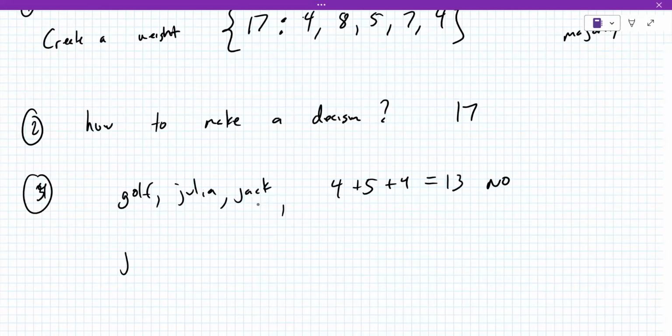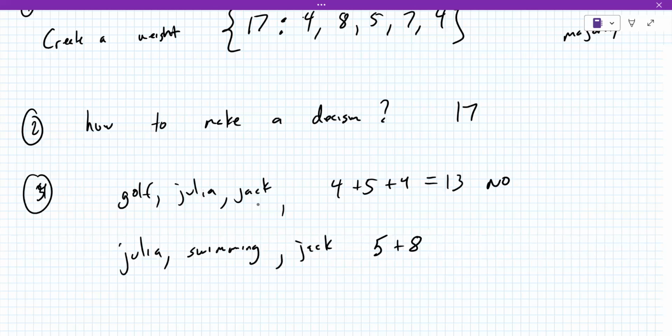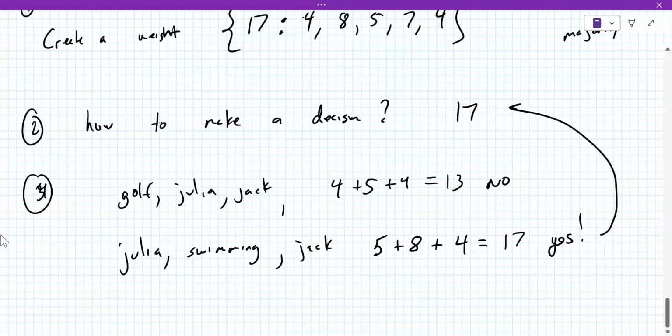But does, for example, Julia, swimming, and Jack have enough? Yes, because it's this weight. Does it have to be that exact weight? It's got to be that or bigger.